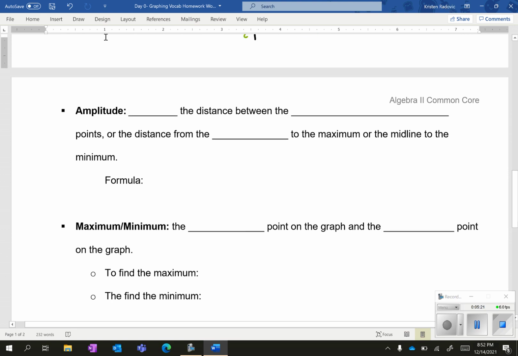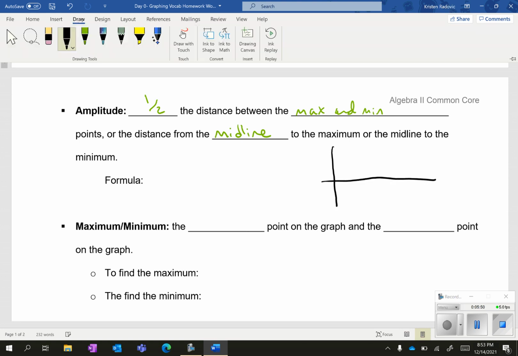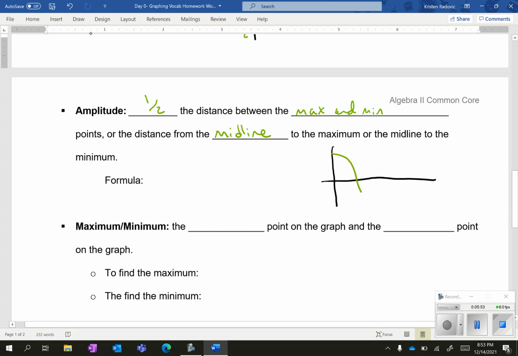Going on to amplitude. Now, amplitude is 1/2 the distance between the max and minimum points, or it's also the distance from the midline, the middle, to the maximum, or from the midline to the minimum. Basically, if you were to have a graph, and as before, we're at 2, we are at -2, our middle is at y equals 0.